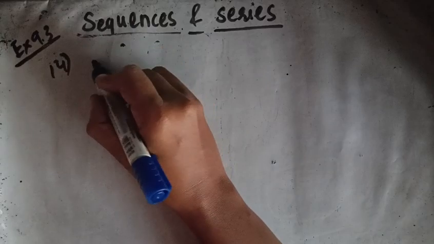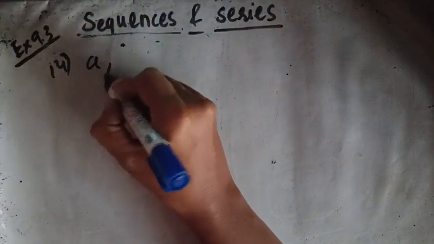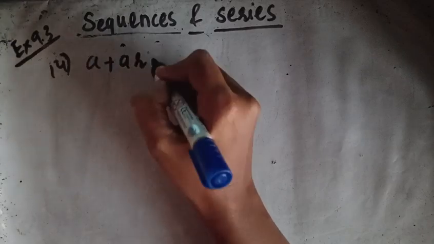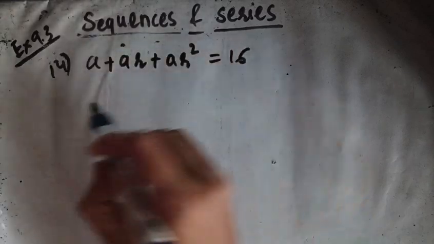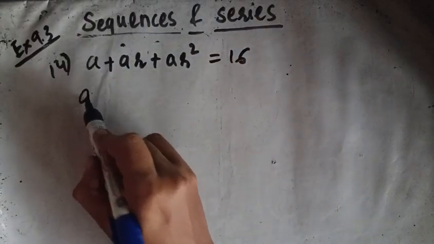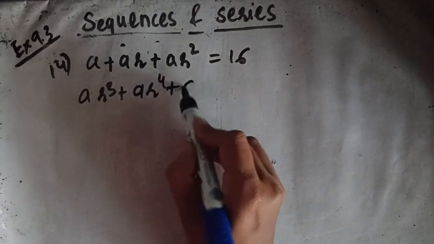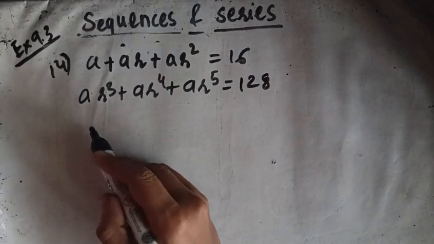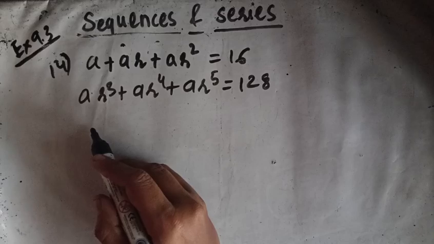Okay, so here first three terms are given, that is a, ar, ar square, sum. Then the next three terms, ar cube, ar to 4, ar to 5. This is 128.